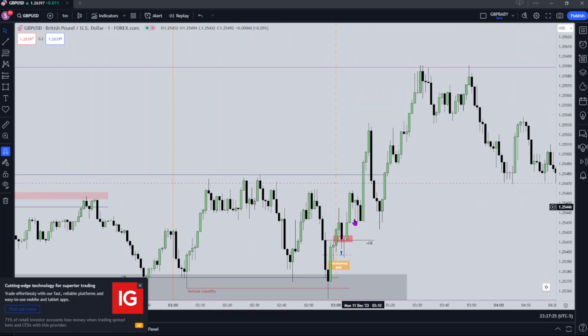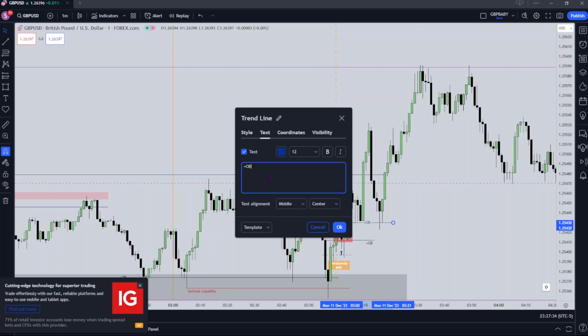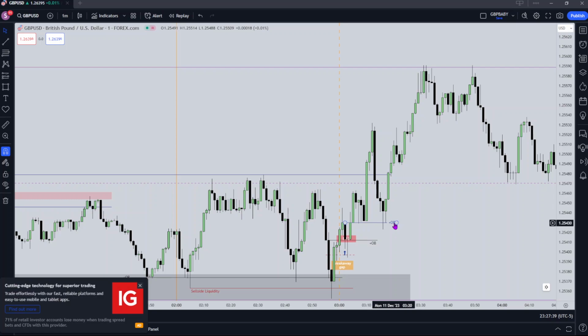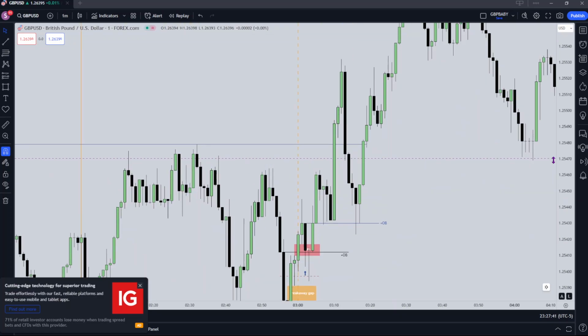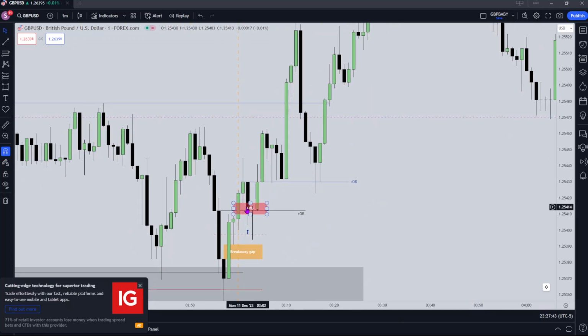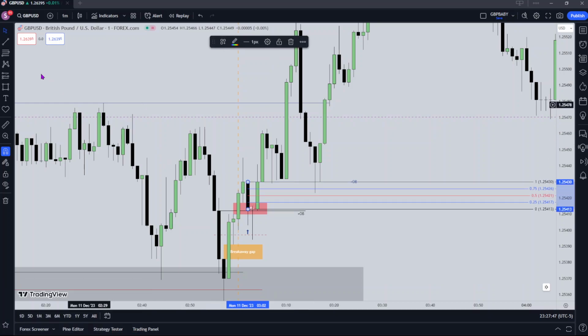And then once that gets taken out, I'm now looking at this bullish order block and this bullish order block to provide support. And then you can see here 50% of this, the mean threshold, gets respected.